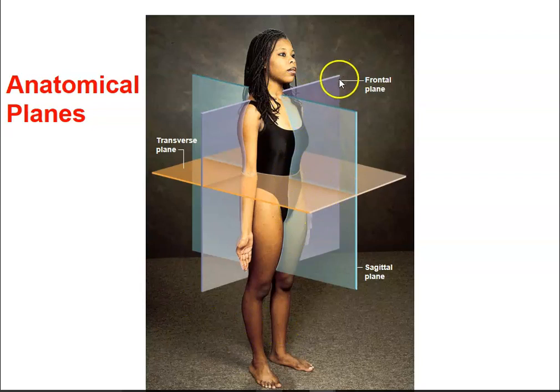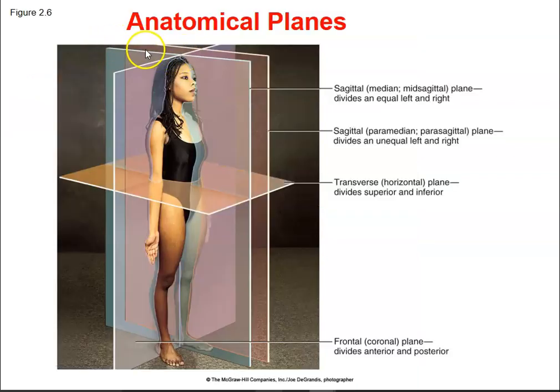Then we have the frontal plane, which slices the person from the side. The sagittal cut splits the person into halves. There is the midsagittal plane and the parasagittal plane. The midsagittal plane divides into an equal left and right. The parasagittal plane divides into unequal left and right.